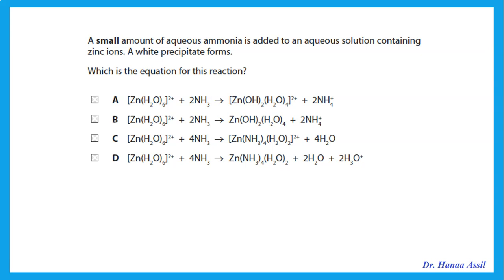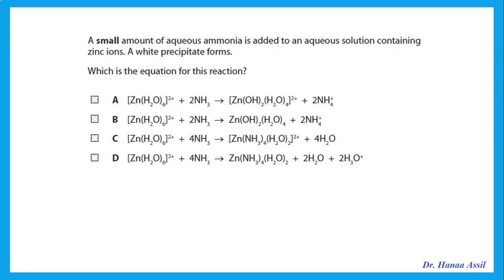First of all, if we're looking for a precipitate, that means we should not form something that is charged. A precipitate is a complete compound, not a complex ion with a charge. So A and C are wrong. The products here will not be precipitate.